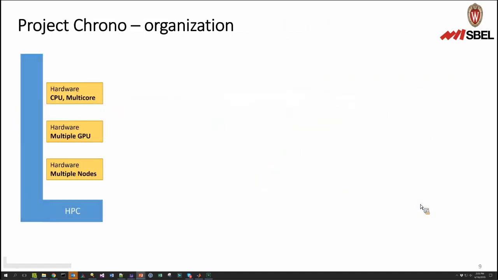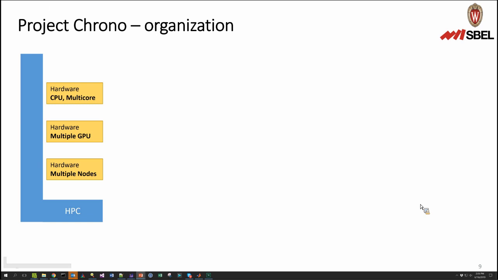One slide about the structure of Chrono. Chrono is built to leverage parallel computing to the maximum extent possible. We do so by leveraging multi-core chips, the GPU in some cases, and sometimes we use MPI to engage multiple nodes in one simulation.